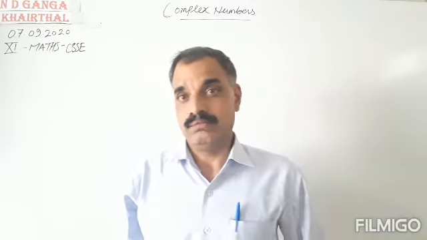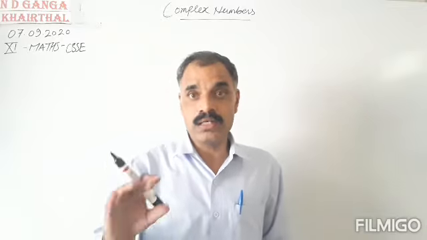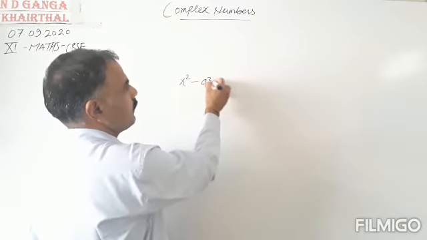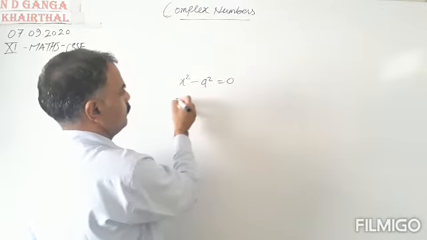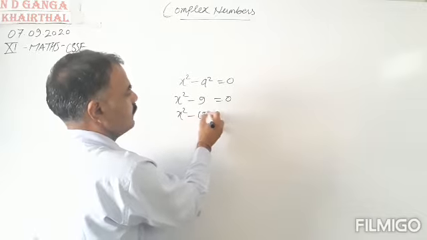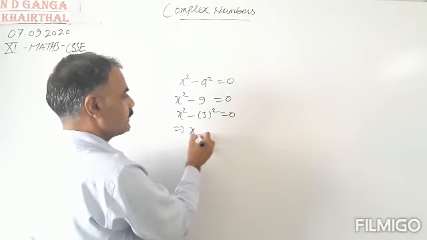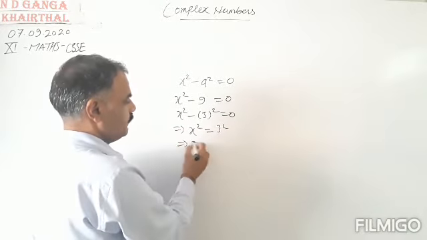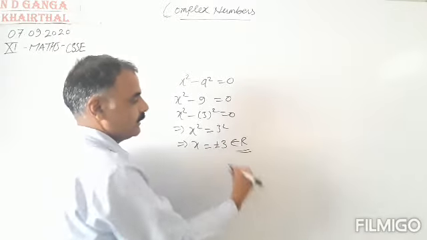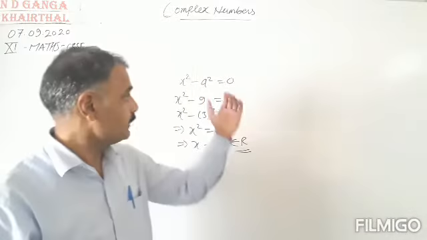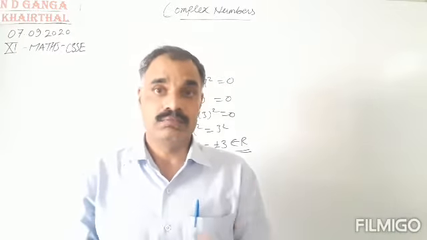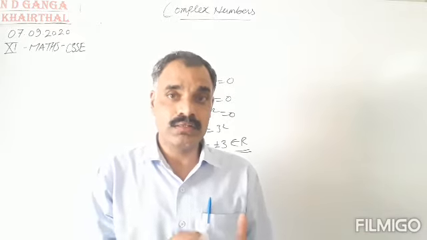We know that the solution of an equation of the type x square minus a square equals 0, or x square minus 9 equals 0, x square minus 3 square equals 0, means x square equals 3 square, it means x is equal to plus minus 3, and this belongs to the set of real numbers. Means the equations of the type x square minus a square equal to 0 are solvable in the set of real numbers.